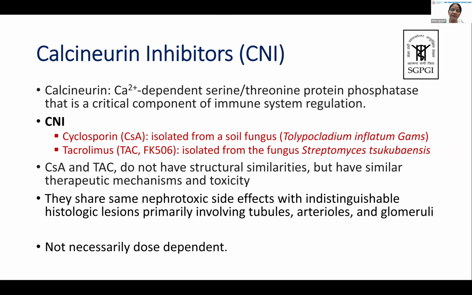And they share the same nephrotoxic side effects with indistinguishable histological lesions, which primarily involve the tubules, arterioles, and the glomeruli. And this nephrotoxicity is not necessarily dose dependent. That is why it's important to understand that it may occur even in allograft recipients who have normal calcineurin levels in the serum. So the term CNI-induced toxicity is used for both cyclosporine or tacrolimus induced changes in the kidneys, in the grafts.